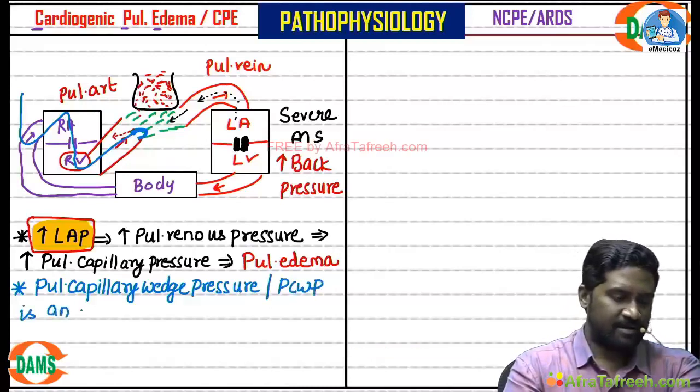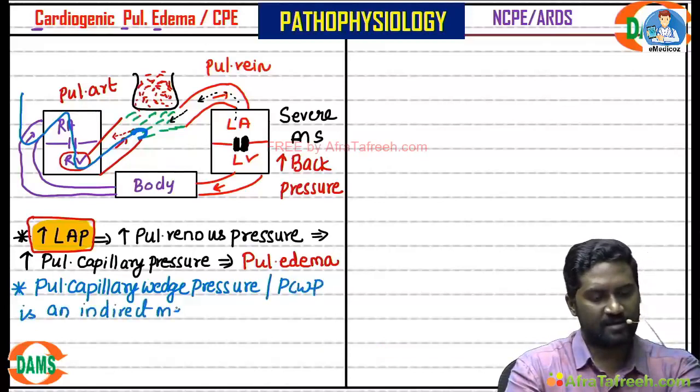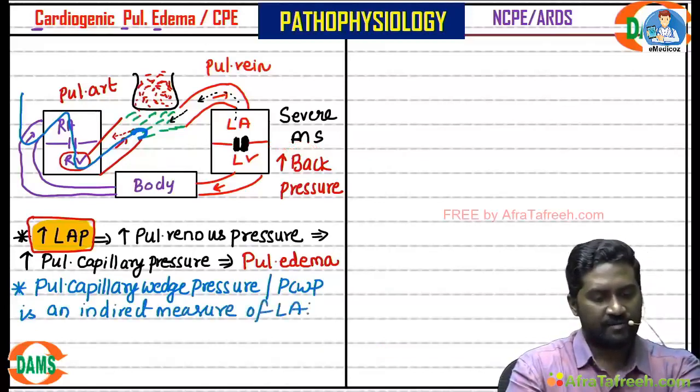PCWP is an indirect measure of left atrial pressure.